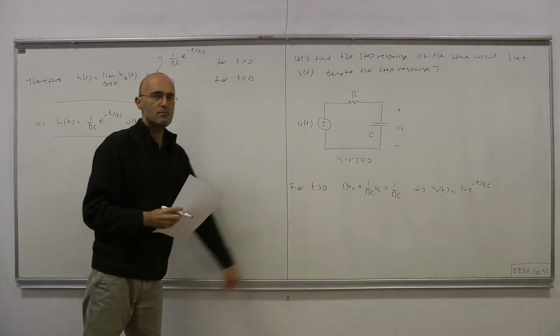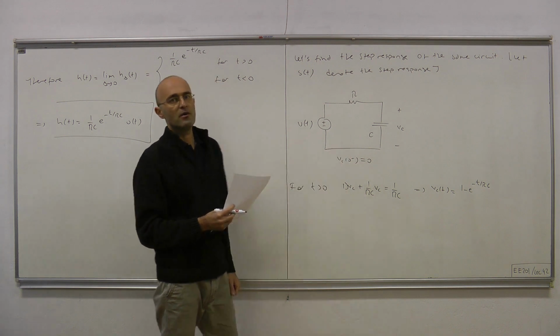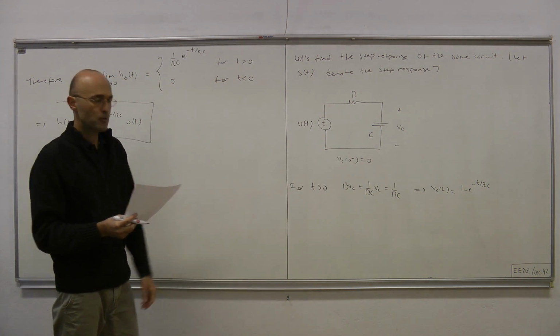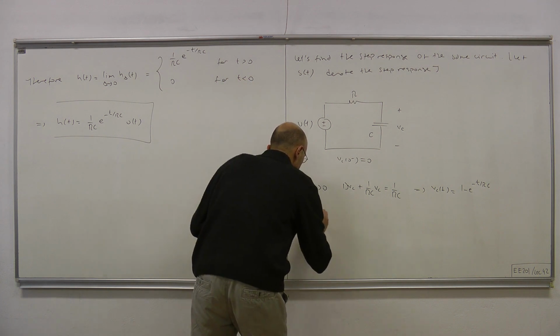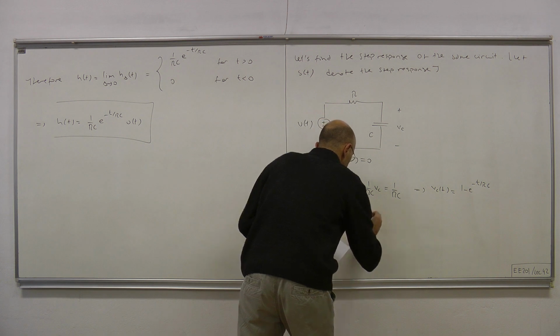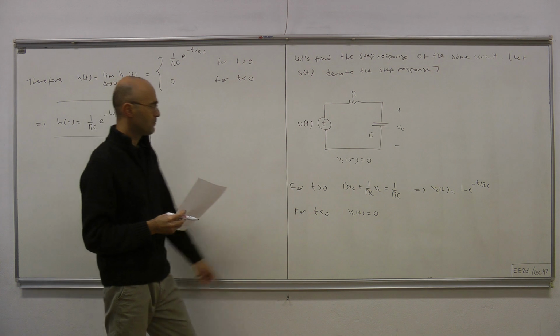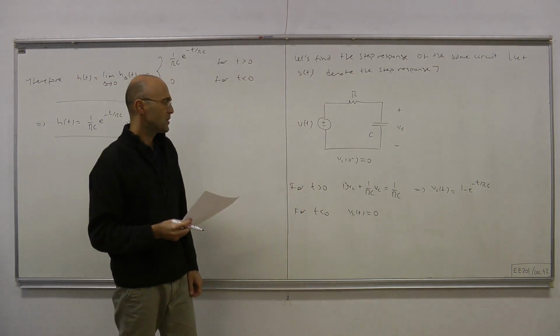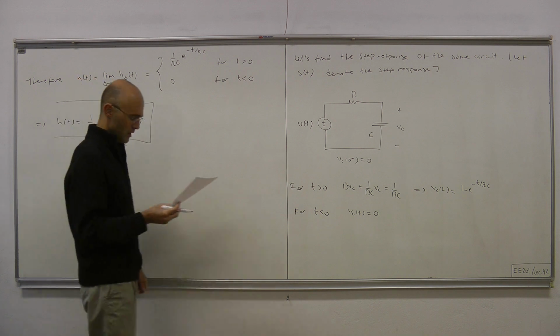Okay, for t positive. For t negative, the input is 0, initial conditions are 0, therefore everything is at rest. So there's nothing to compute, and we can immediately write that for t negative the capacitor voltage, and everything else, is 0. Again, we can combine these two pieces and glue them by using the step function.